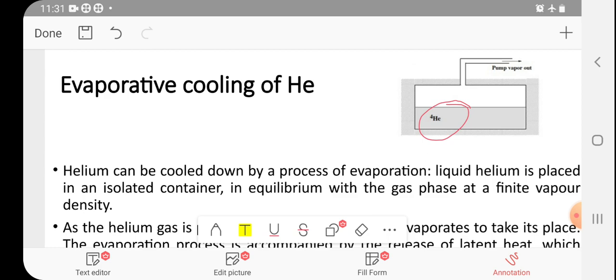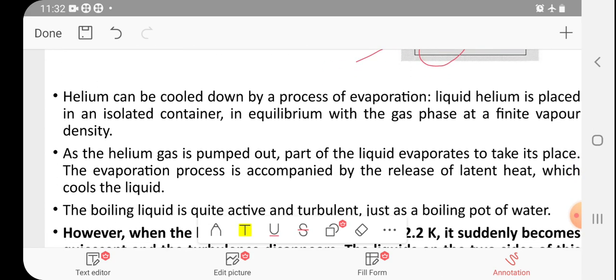For that purpose, liquid helium is placed in an isolated container, in equilibrium with the gas phase at a finite vapor density.